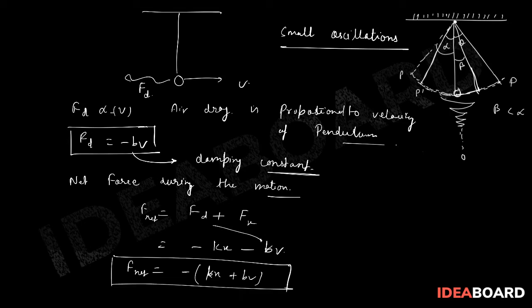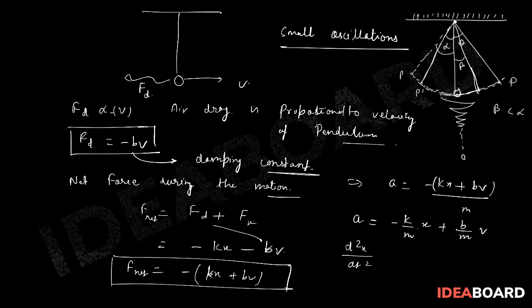Clearly you can observe this time our equation is different. So we can write the acceleration a is equal to minus (kx plus Bv) upon m, that is, a is equal to d2x by dt2 is equal to minus k by m into x minus B by m into dx by dt.